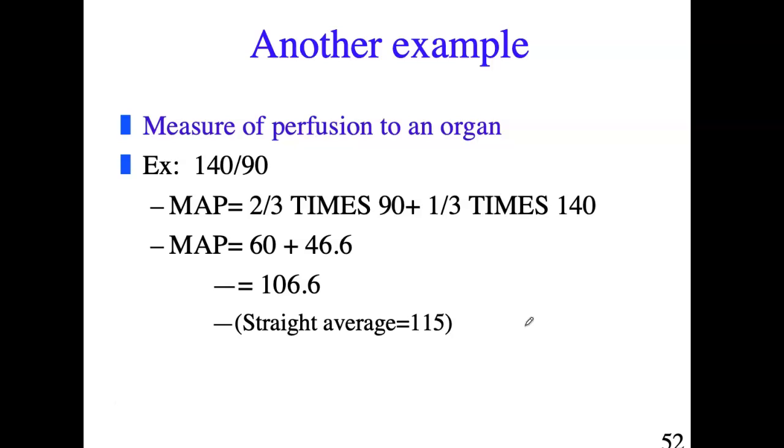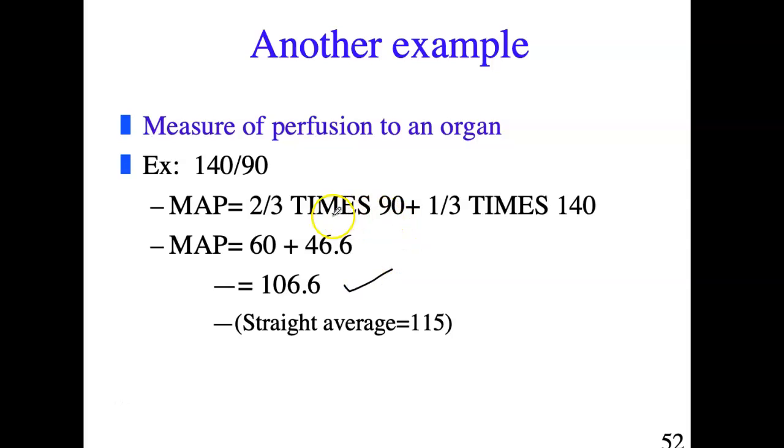That ends up being 90 times 2, 180, divided by 3, correct? That gives you 60, plus 1/3 of 140, which is 46.6. We add these together, and you get a mean arterial pressure of 106.6.